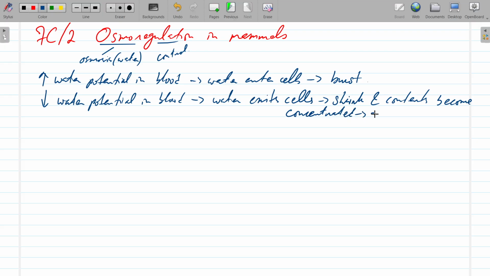And that obviously affects metabolic activities. So again, not good, because it's going to be a detrimental effect. And so you want to keep the level of water constant, and osmoregulation is obviously part of homeostatic control.